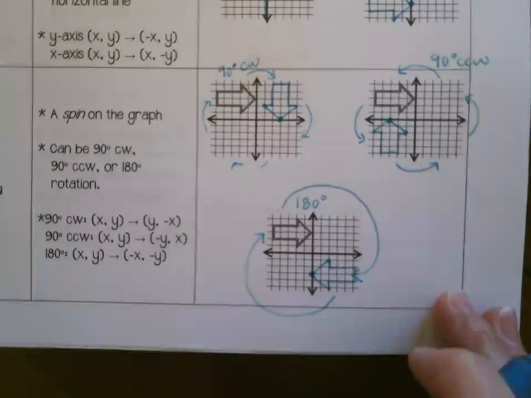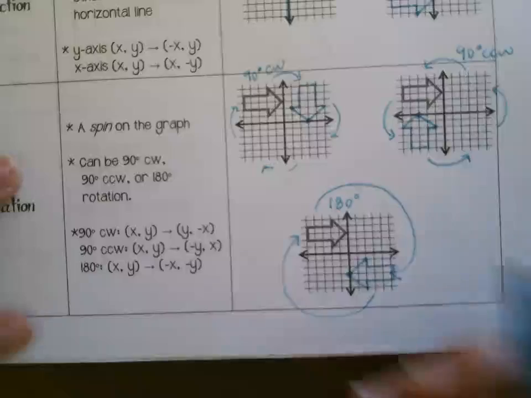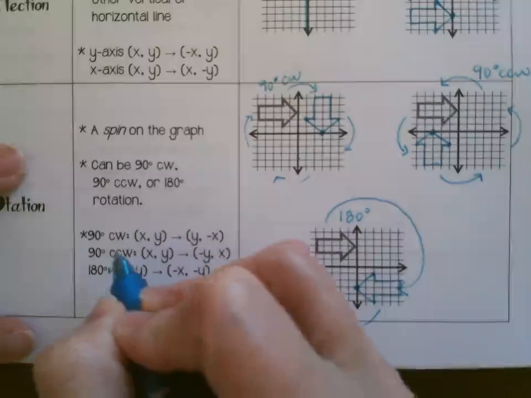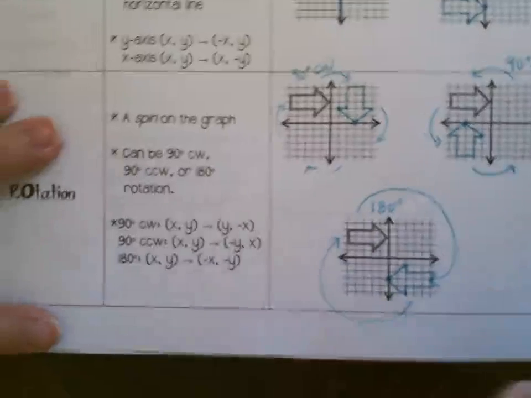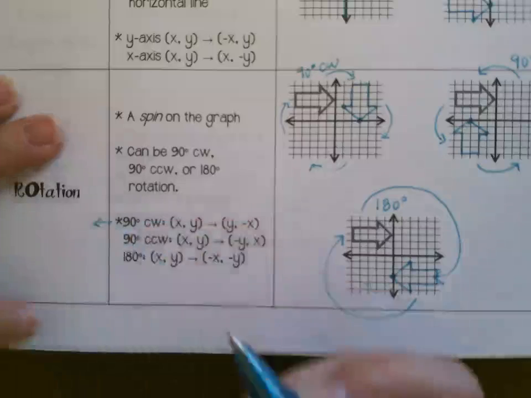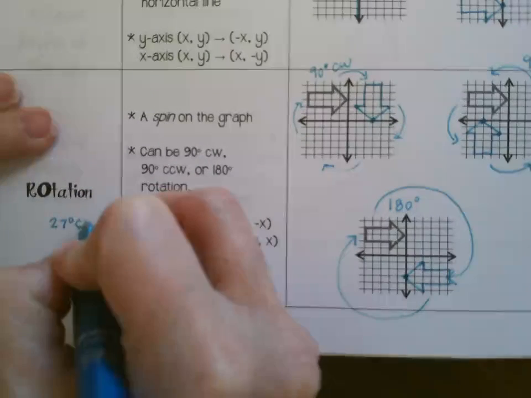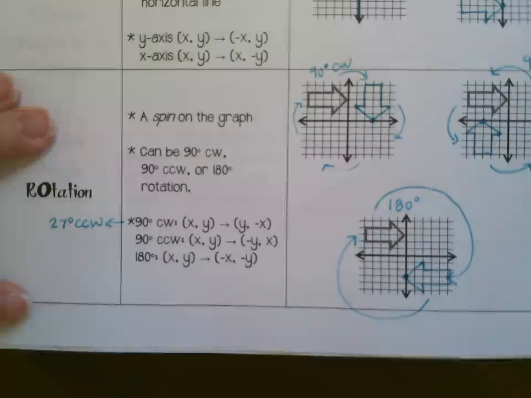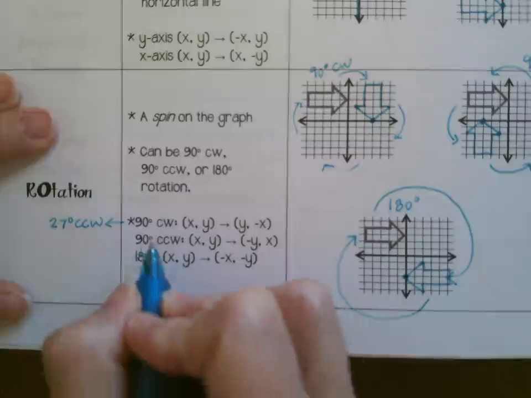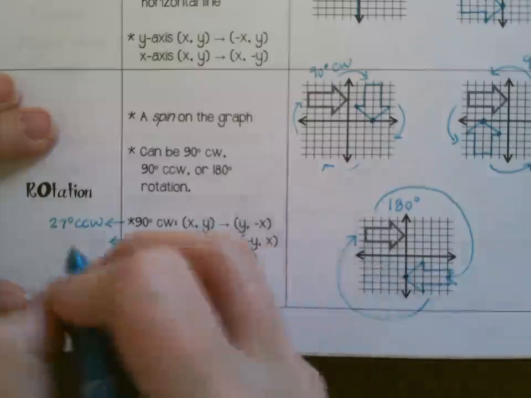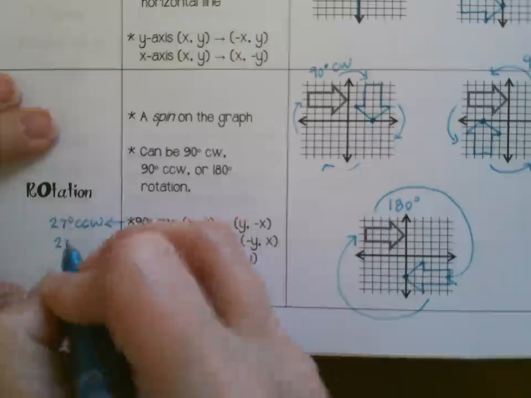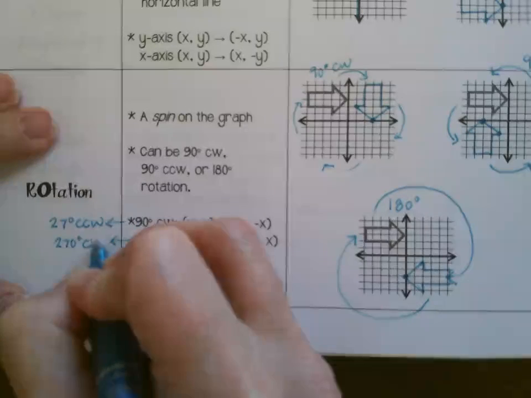All right, now I should make a quick mention that 90 degrees clockwise is the same thing as 270 degrees counterclockwise. And 90 degrees counterclockwise is the same thing as, oh, I didn't write 270, I wrote 27.